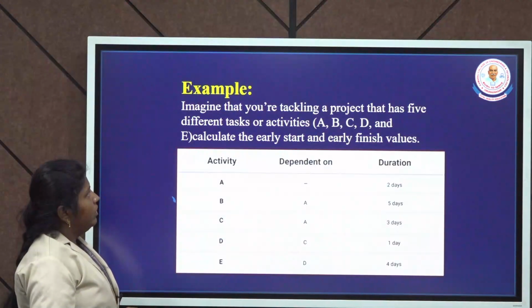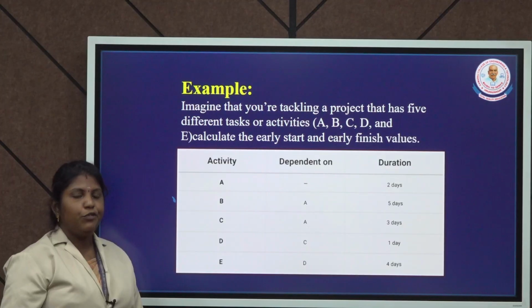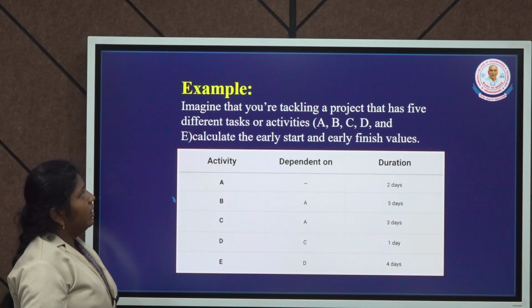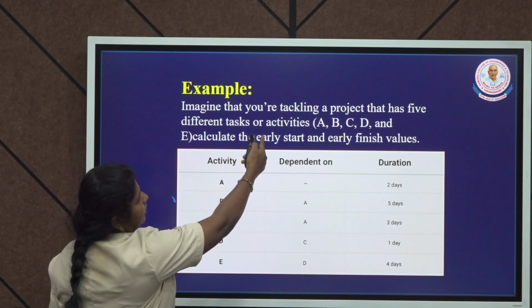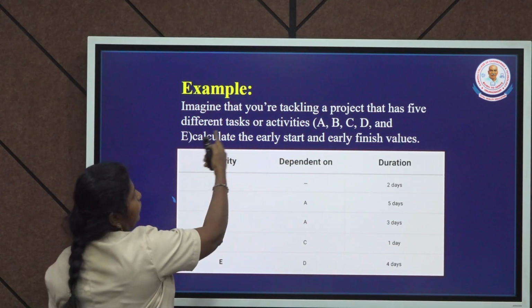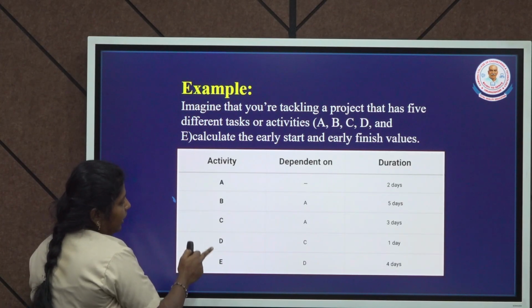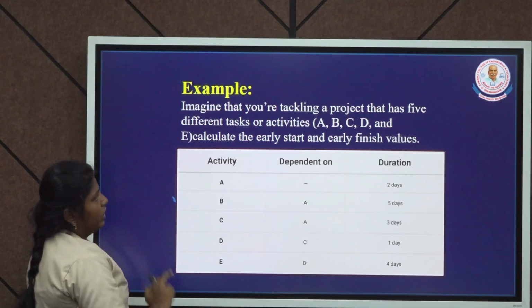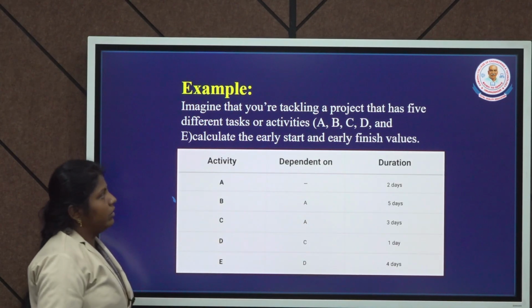Now, let us see one simple example of how to construct the forward pass technique. In this example, we are tackling a project that has five different tasks: activities A, B, C, D, and E. For each activity, the duration is also given.